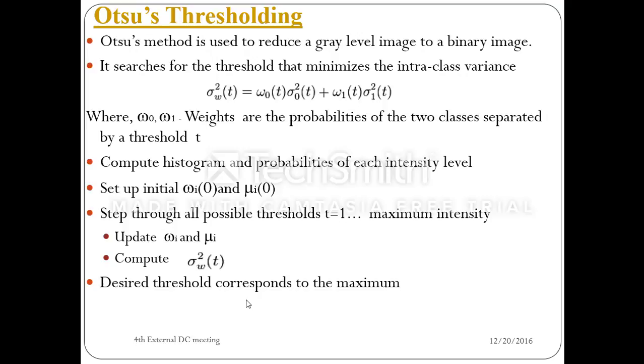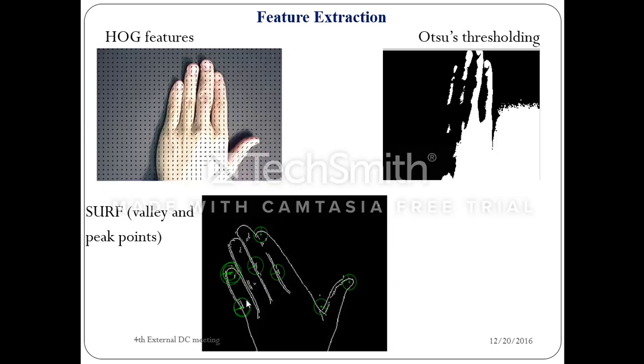It computes the histogram probability of each intensity level, and computes the R part for hand motion detection. It detects left to right and forward and backward motion, using only the binary image for sensing. The image goes to the binary information for the human computer interaction part, using the probabilities of the classes by the thresholds, computing the histogram and the probabilities of each intensity level.